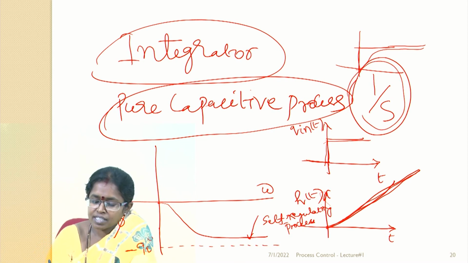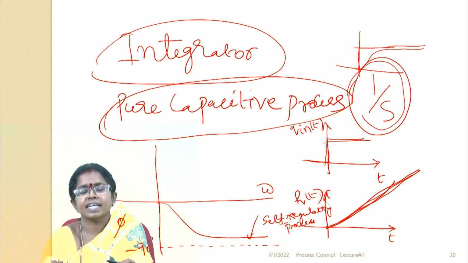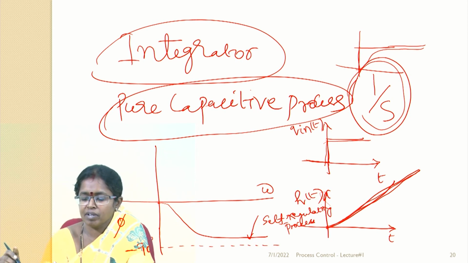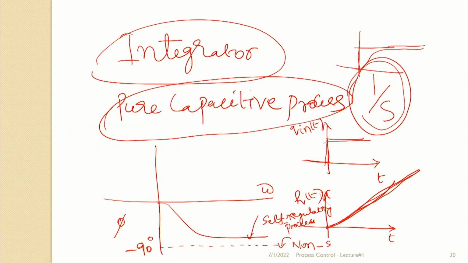This is the difference between your self-regulating process and non-self-regulating process. Non-self-regulating processes are less stable and difficult to control when compared with the self-regulating process, right?